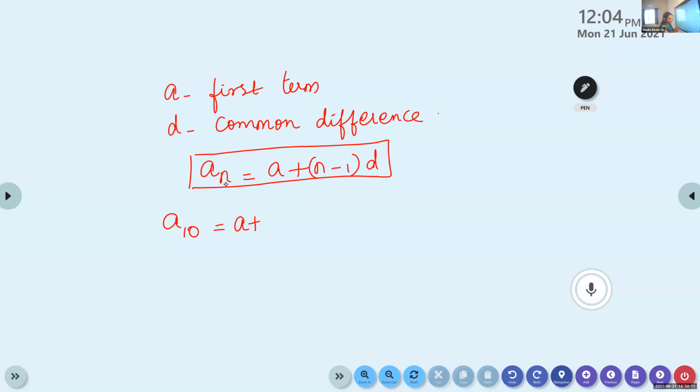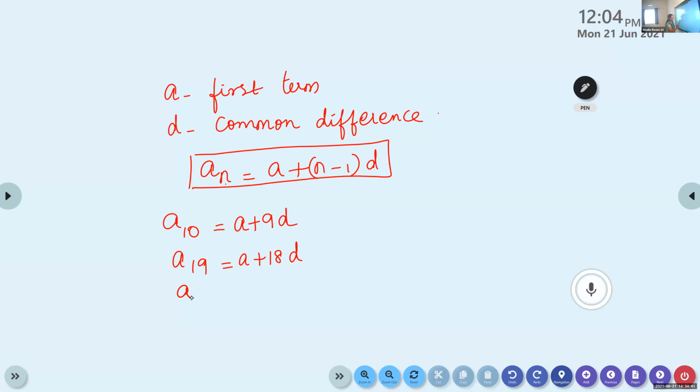So if it is 10, we should reduce 10 by 1: a plus 9d. Okay. Melvin, what will be a19? A plus 18d. Good. Next.